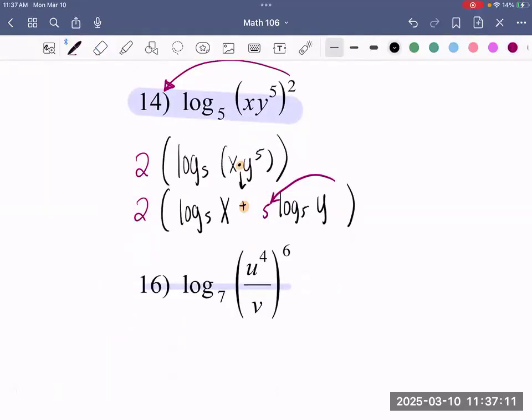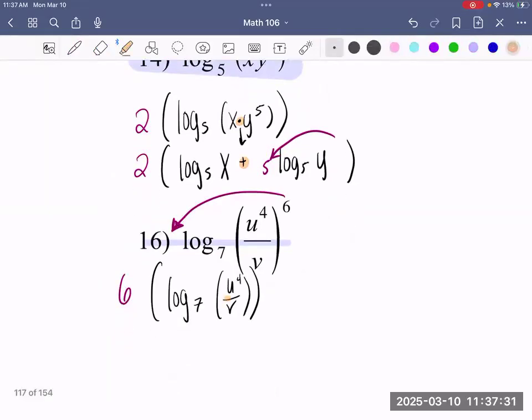We're going to do one more with division. So pause here, see if you can do it. So we tried the very first one, like 14. We want to bring down your exponent first on the outside. Log base 7, u to the 4th over v. Now we have division, and we want to turn it into subtraction.